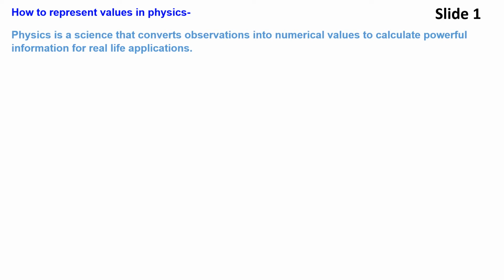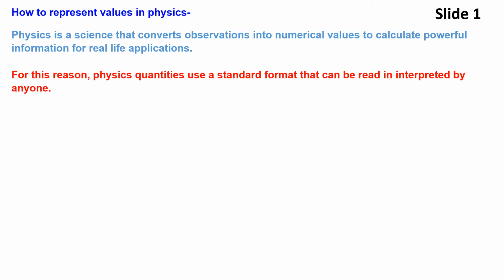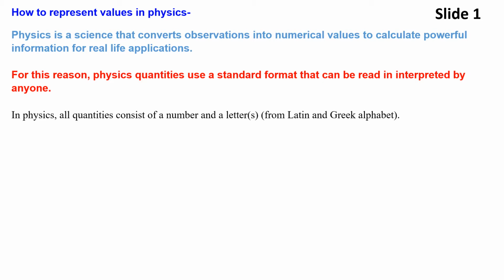How to represent values in physics? Physics is a science that converts observations into numerical values to calculate powerful information for real-life applications. For this reason, physics quantities use a standard format that can be read and interpreted by anyone.